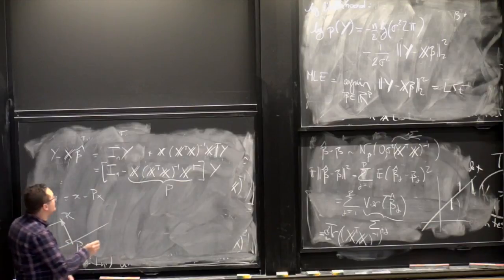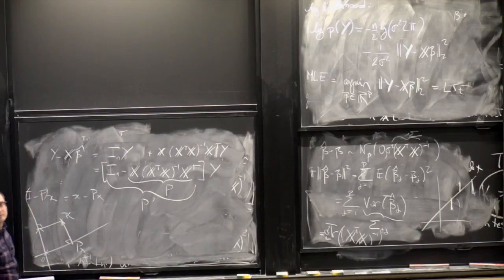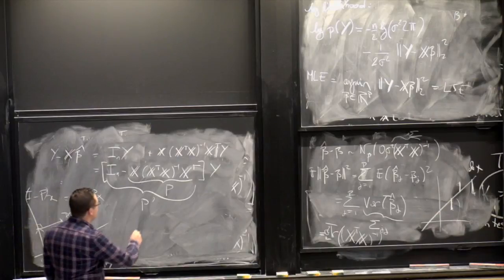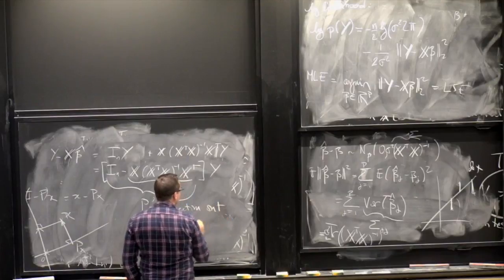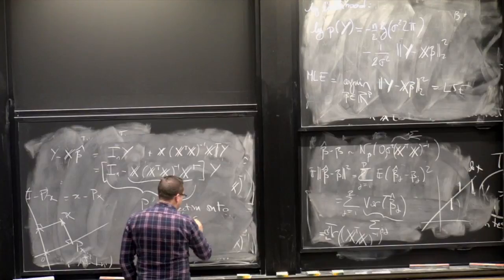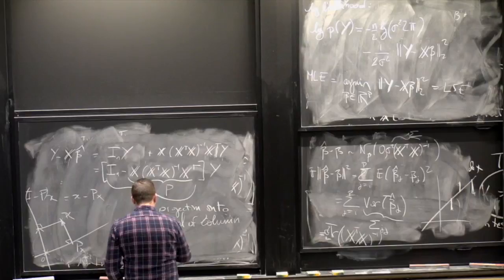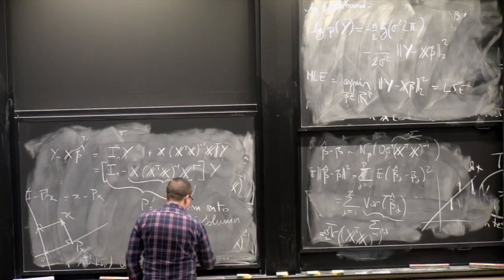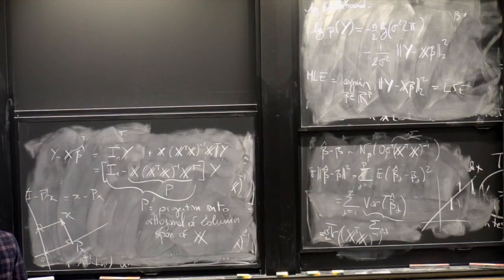What I'm trying to say here is that this is another projection matrix, P prime. It's just the projection matrix onto the orthogonal complement of the column span of X. Orthogonal means the set of vectors that's orthogonal to everyone in this linear space.